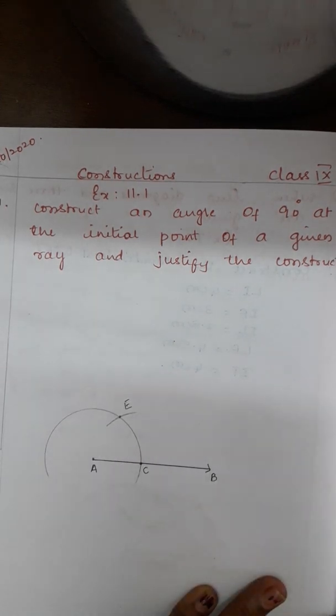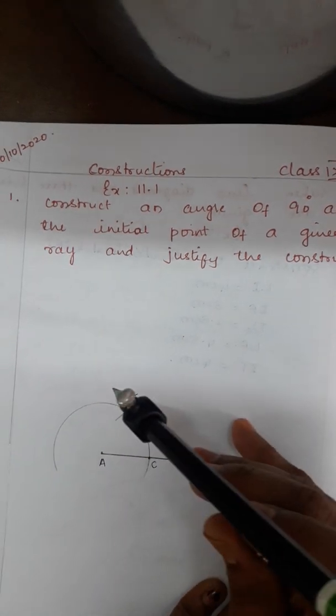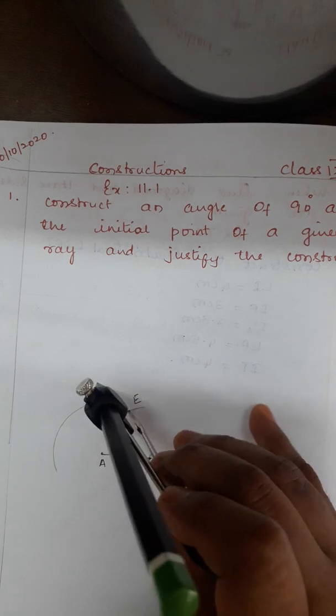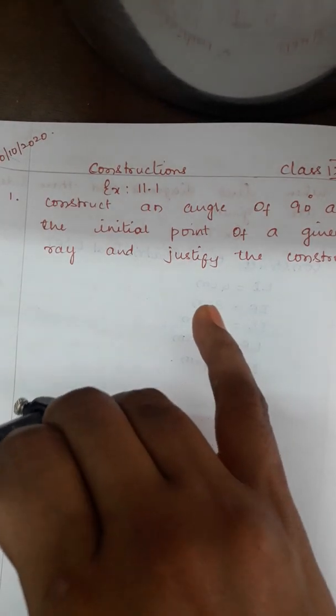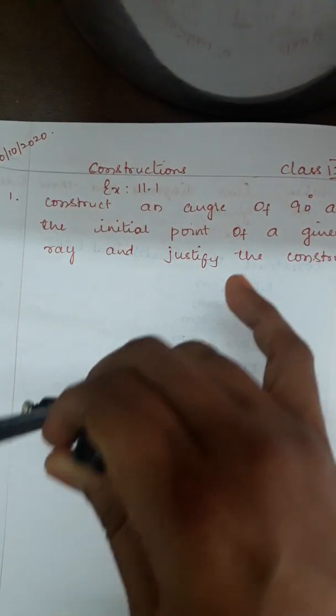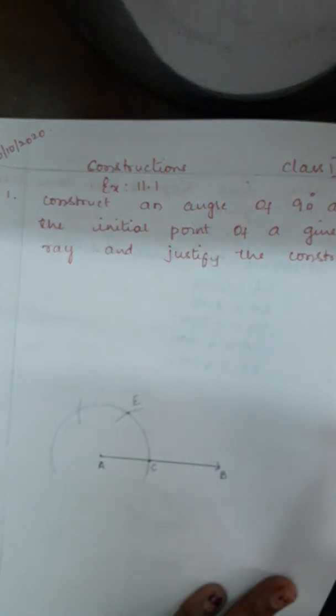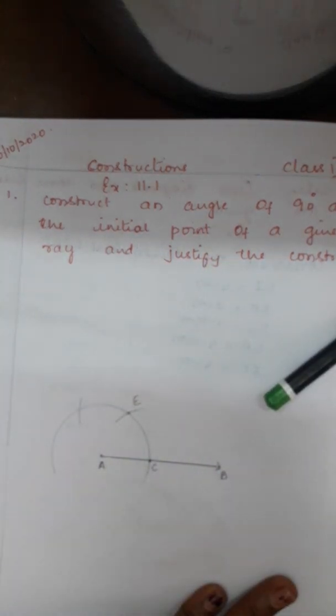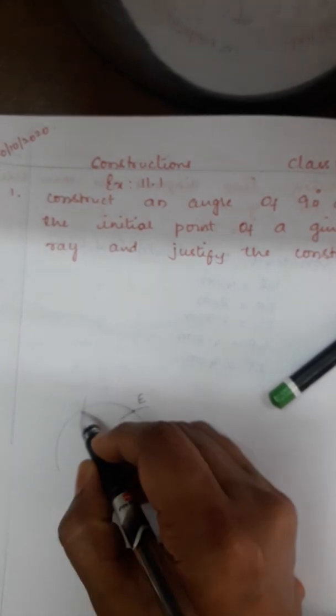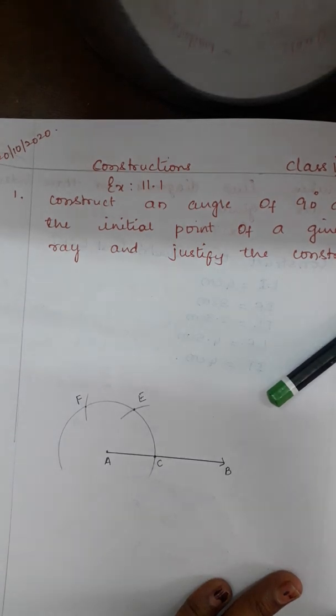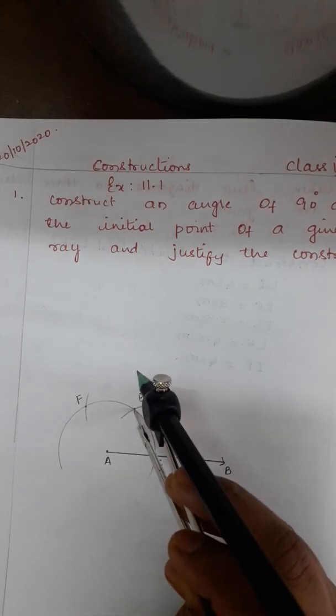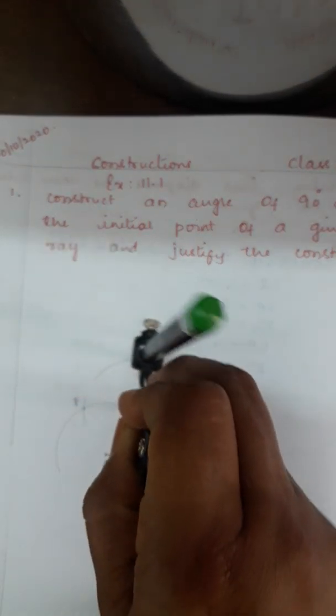Now with E as center, with the same radius, draw one more arc which intersects the arc drawn in step 2 at F. Call this point F. So, again with the same radius, with E as center, cut one more arc.